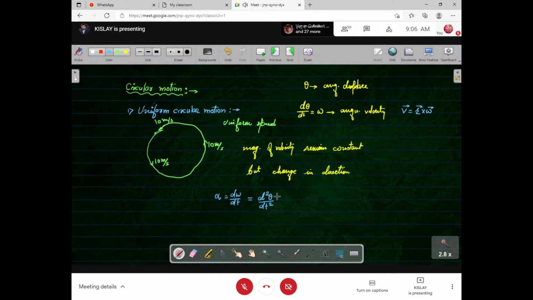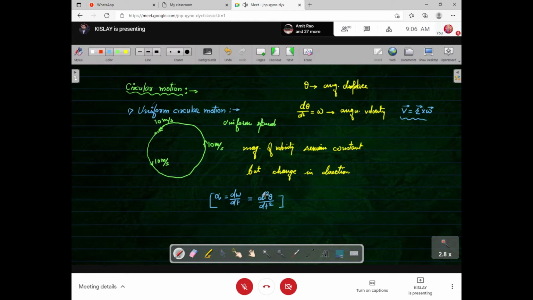I hope it is clear to all because we have already discussed these things in the class. And here also we can correlate alpha with a, by using the formula v equal to r omega.